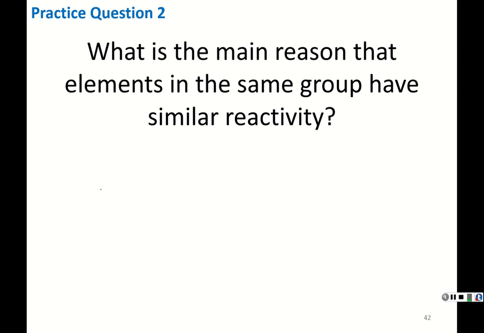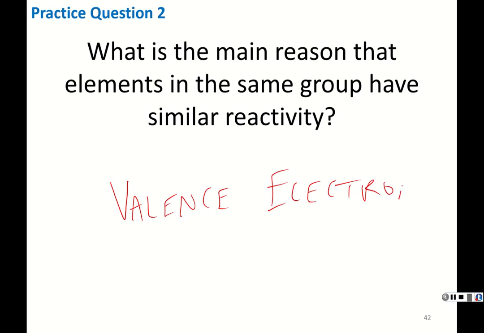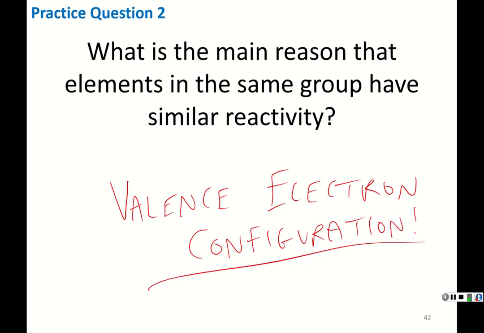That's all based on their valence electron configuration. That's why they are in those groups. We're grouping them based on valence electron configuration, and valence electrons are what's responsible for chemistry.